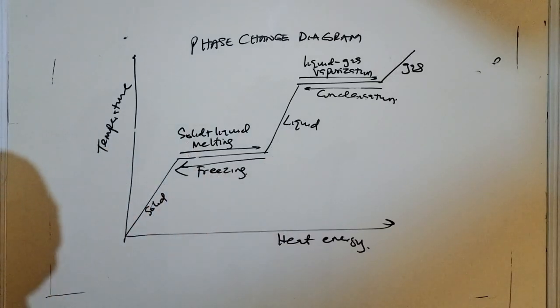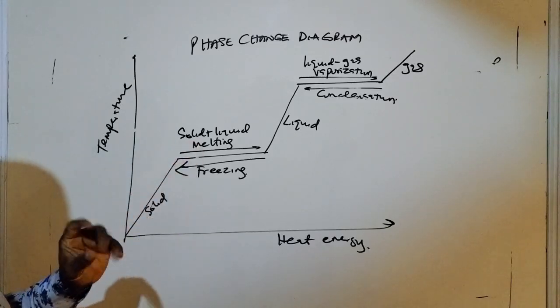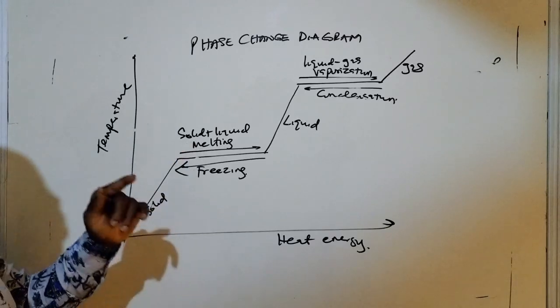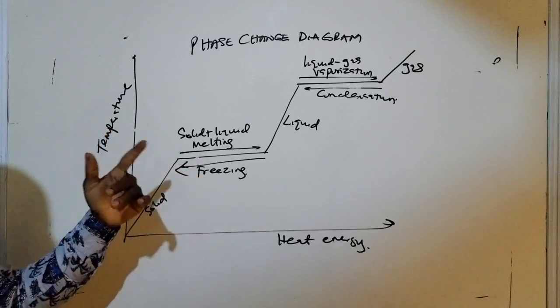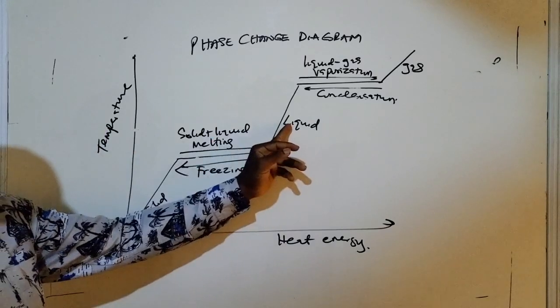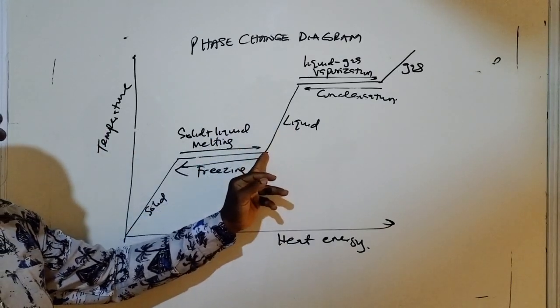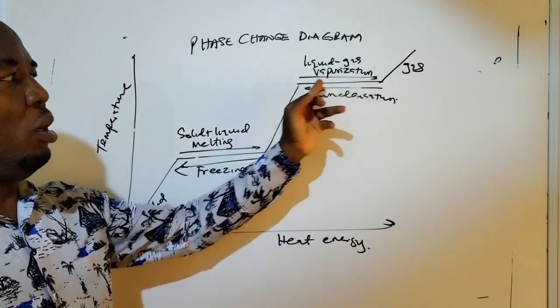For instance, look at water. Pure ice melts at 0 degrees Celsius, while pure water freezes at the same 0 degrees Celsius. Just to give an instance. Then after melting, you move to the liquid state, and as you heat more, the liquid continues to rise in temperature and reaches another change of state, which is boiling.